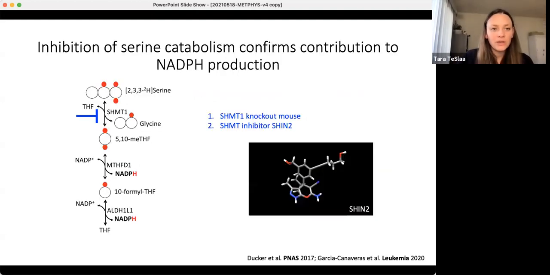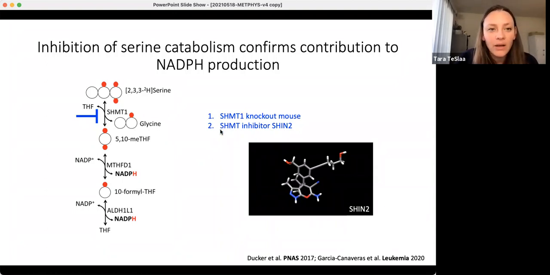So to do this, we used two tools to inhibit serine catabolism. One is a SHMT1 knockout mouse that lacks SHMT1, which converts serine to glycine and produces the 5,10-methylene THF that is used to produce NADPH.